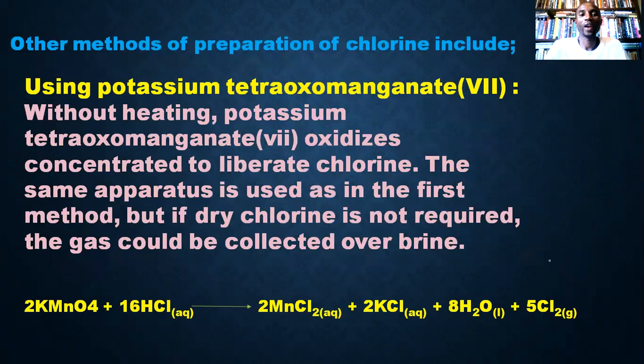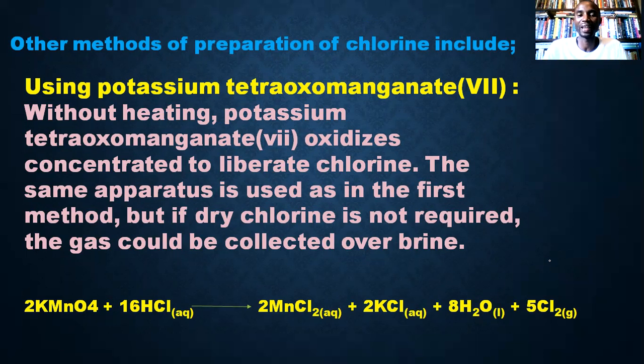Other methods of preparing chlorine include using potassium tetraoxomanganate(VII). Without heating, potassium permanganate oxidizes concentrated hydrochloric acid to liberate chlorine. The same apparatus as in the first method is used, but if dry chlorine is not required, the gas could be collected over brine.